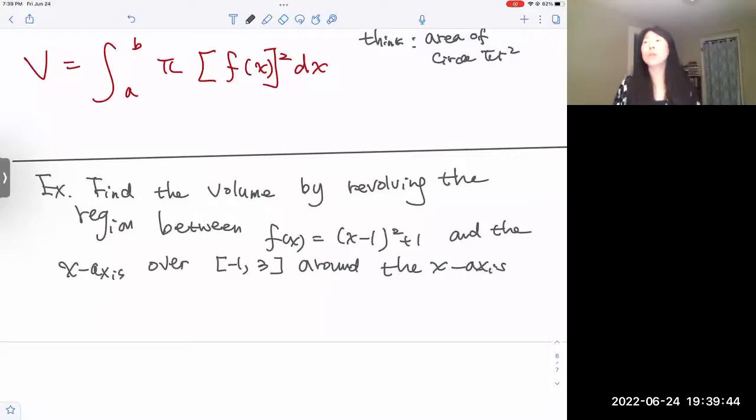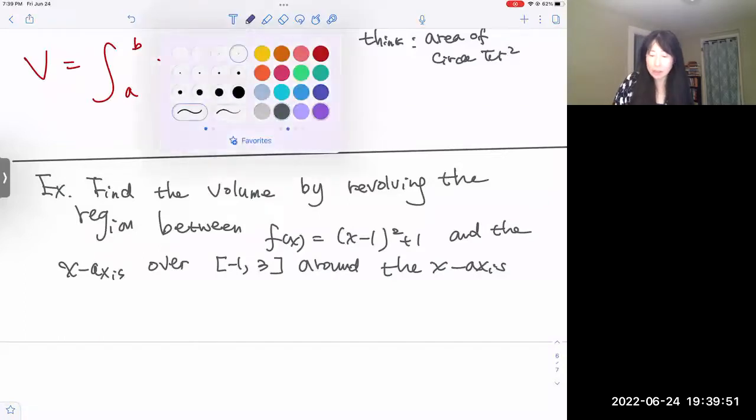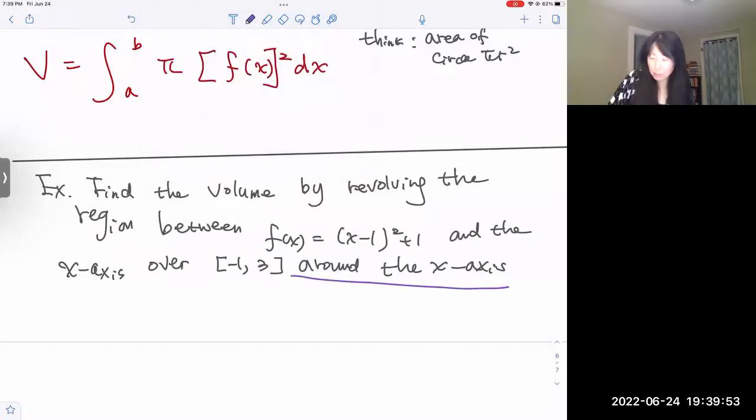Okay, so they don't say where they rotate, but around the x-axis, this means rotate about the x-axis. Okay, all right.